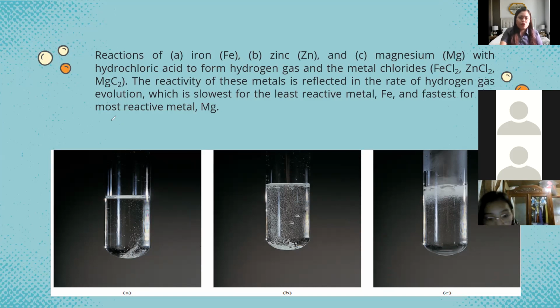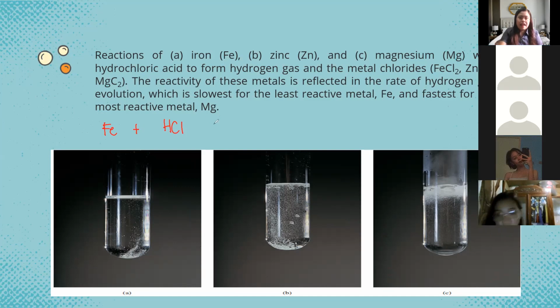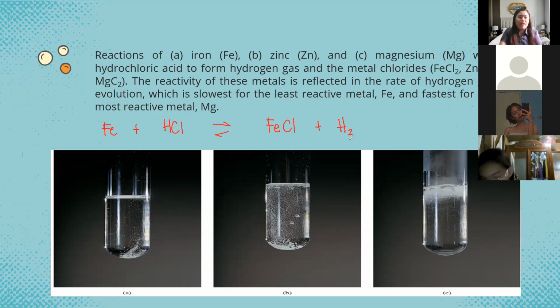So again, for test tube number 1, you have there the iron plus the hydrochloric acid. Again, it's the hydrochloric acid na nagre-react. And then after, madi-displace si hydrogen. So you will have there, this iron na ginamit dito is iron 2. So since iron 2 siya, later I will complete the chemical formula. And then again, hydrogen will be displaced as a diatomic molecule.